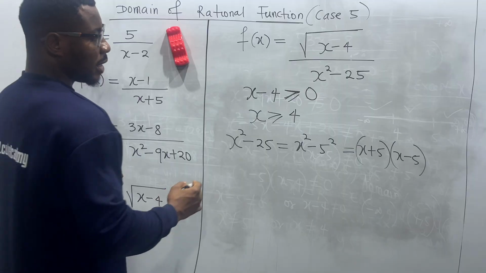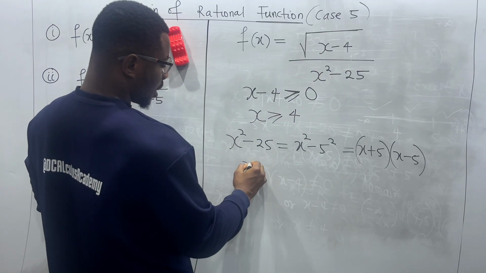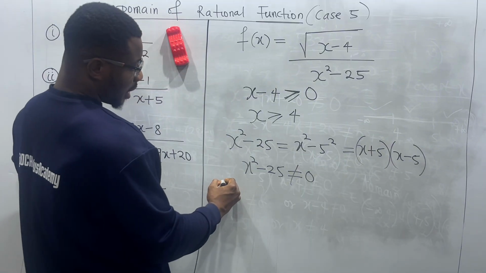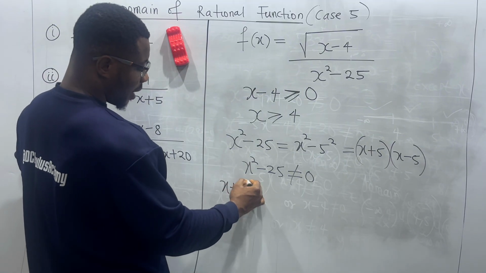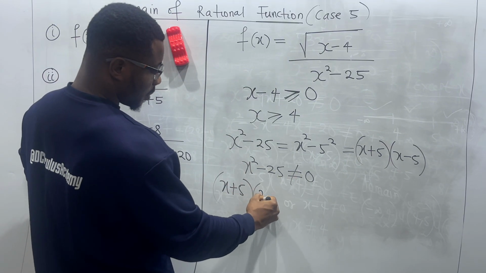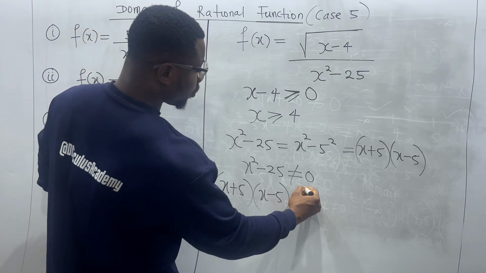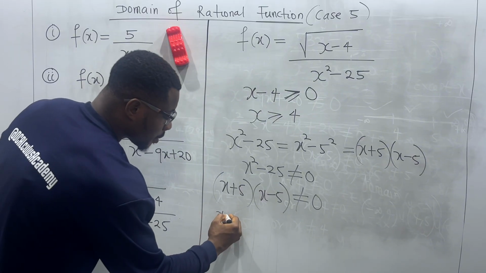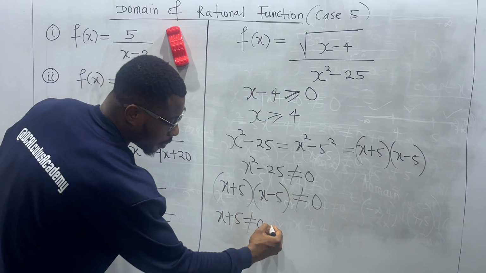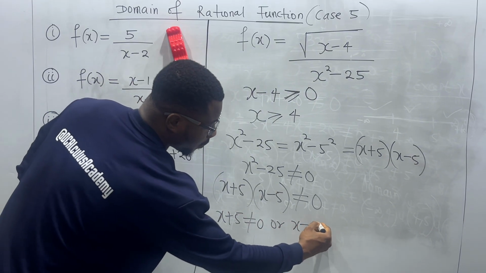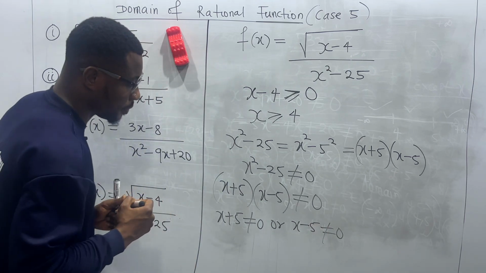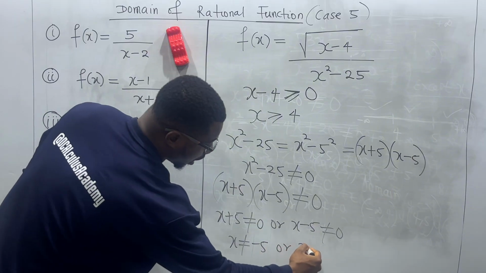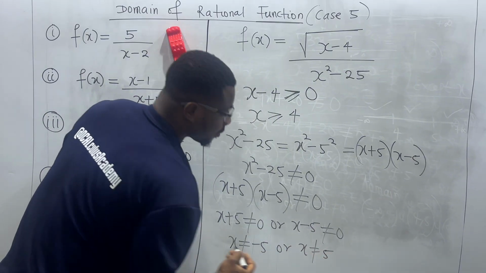Since x squared minus 25 cannot be 0, it means that x plus 5 into x minus 5 should not be 0, which means that x cannot be minus 5 or x cannot be 5.